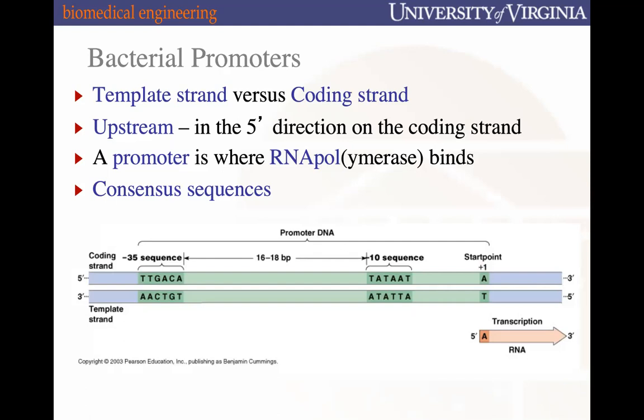What's going to end up happening is that the promoter is where RNA polymerase II will bind. These promoter sequences also have what we talked about previously, these consensus sequences that encode that this is a site where transcription will begin.